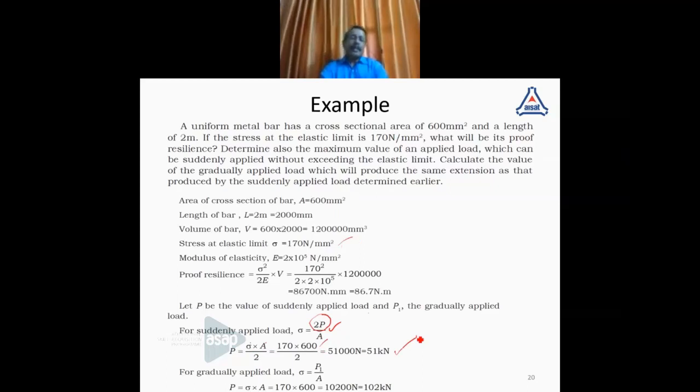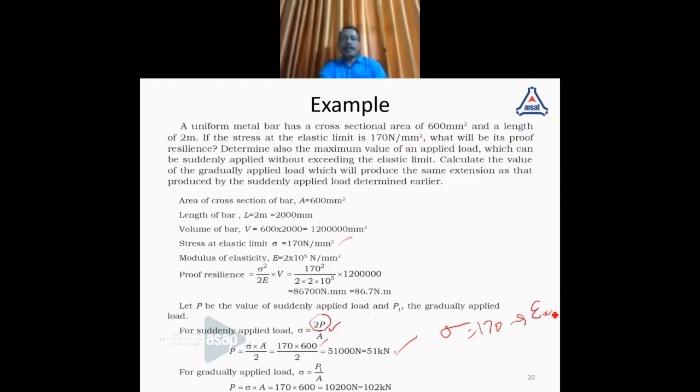And if this suddenly applied load produces a stress of sigma equal to 170, it produces an extension or a strain of epsilon x. We want the same extension or same strain to happen when the gradually applied load is given.